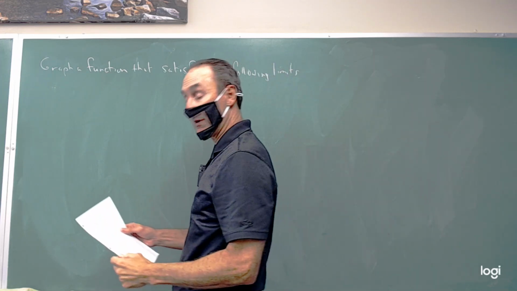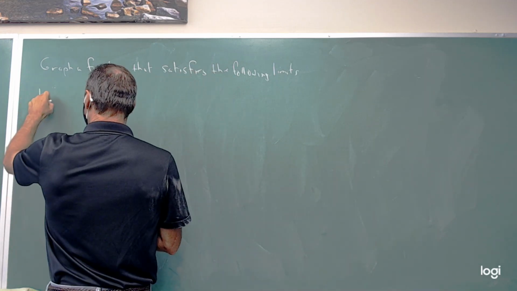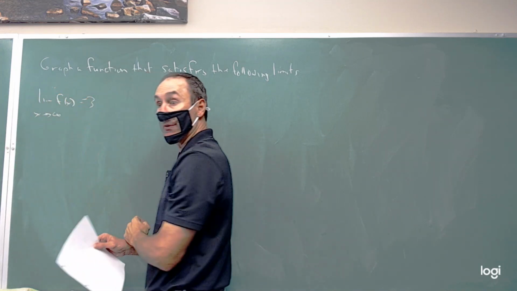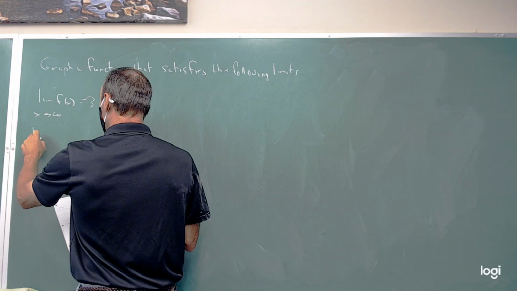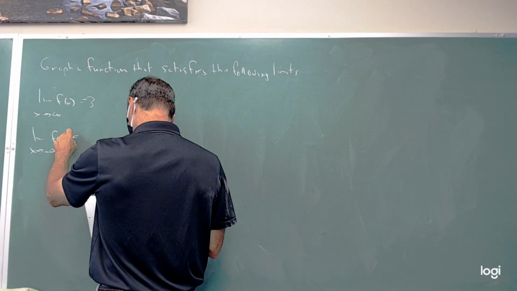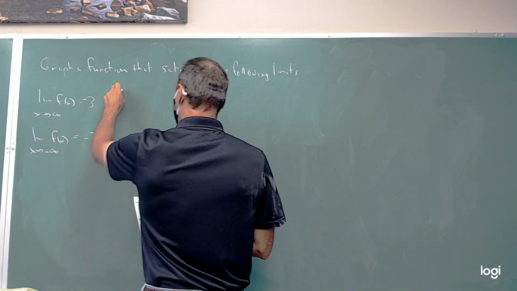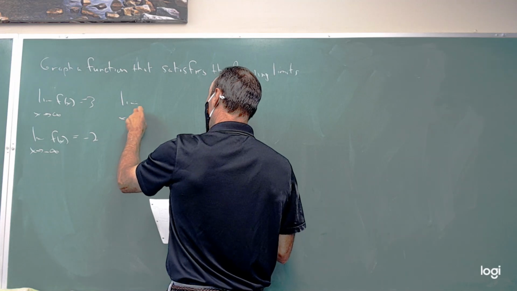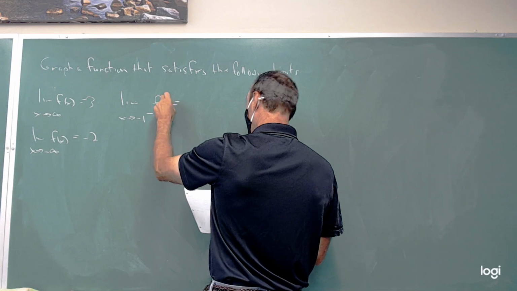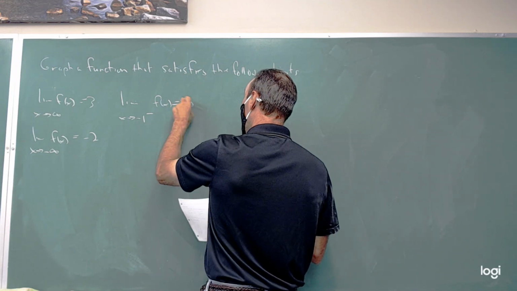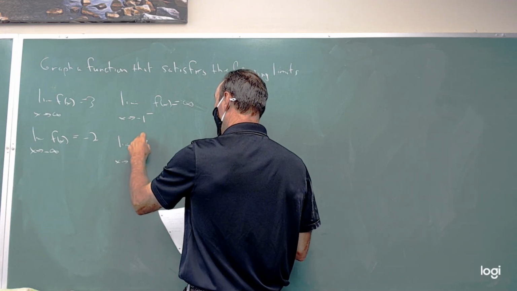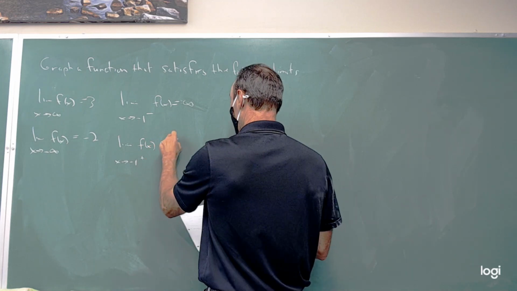And there will be a few of them. So the limit as x goes to infinity of f of x is equal to 3. The limit as x goes to negative infinity of f of x is negative 2. The limit as x approaches negative 1 from the left of f of x equals infinity. The limit as x approaches negative 1 from the right of f of x is negative infinity.